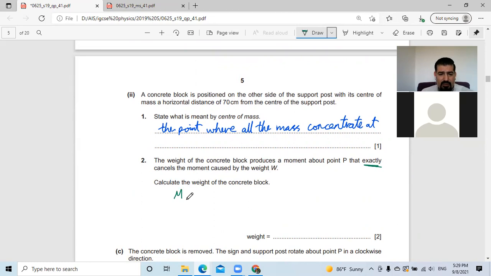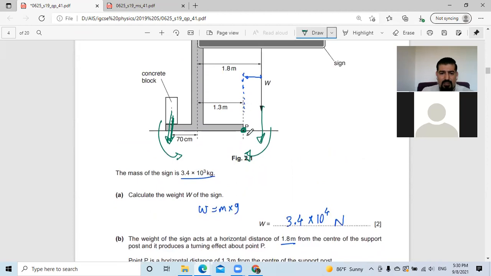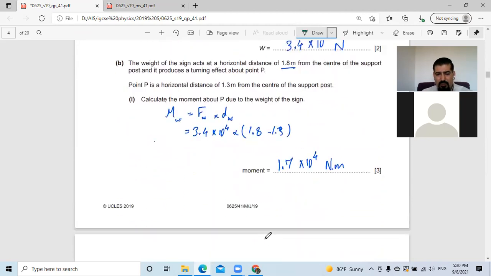So the clockwise moment, which we just found, 1.7 times 10 to the power of 4, equals the anticlockwise moment. Now, what is the anticlockwise moment? It is the weight of the concrete block, which we want to find, multiplied by the distance. How far is it? Look here, it's from P to this line of action, which is 0.7 plus 1.3, which is 2.